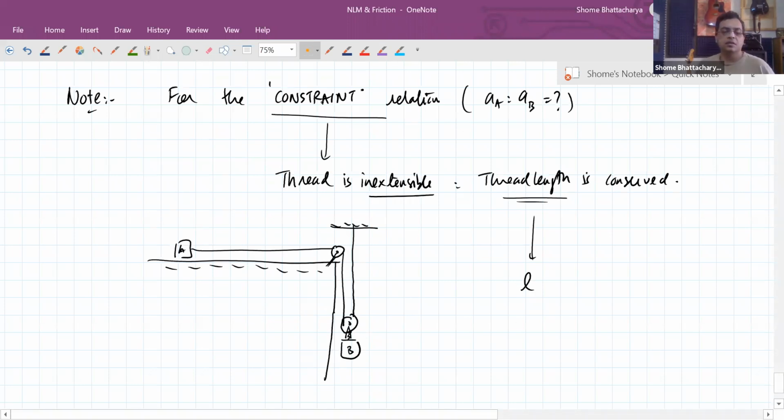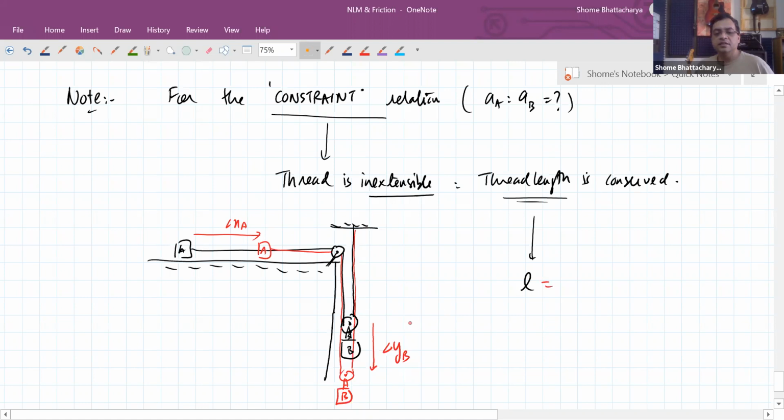Now what is happening after some time, suppose the block B together with the pulley has got pulled down. You can see that this system has got pulled down by delta y. So during that time, it will pull the block A by some delta x.